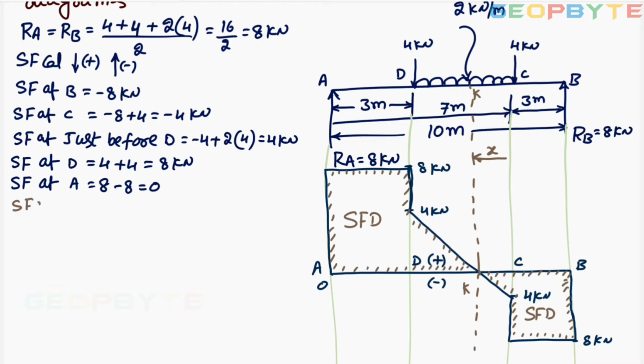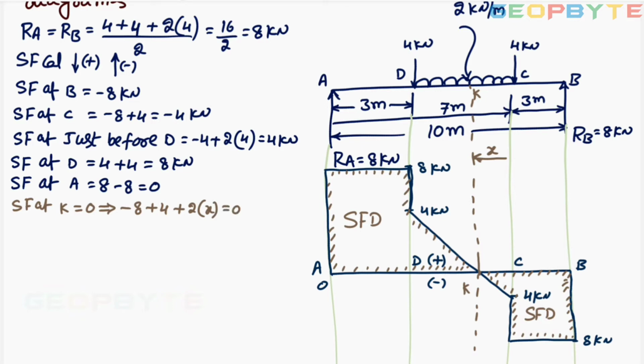SF at K equal to 0. Now let us find the SF at K. SF at K is minus 8 kilonewtons as a reaction plus 4 plus UDL multiplied by UDL distance up to K, 2 into X, is equal to 0.